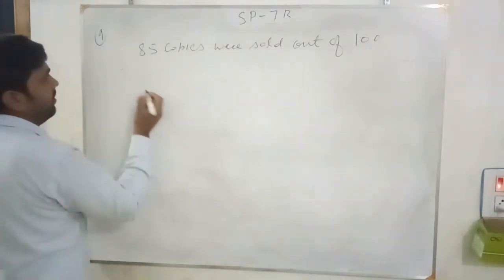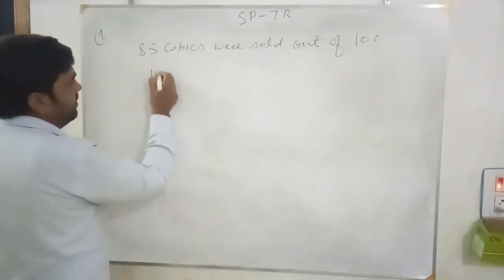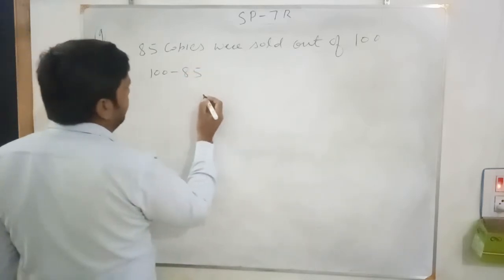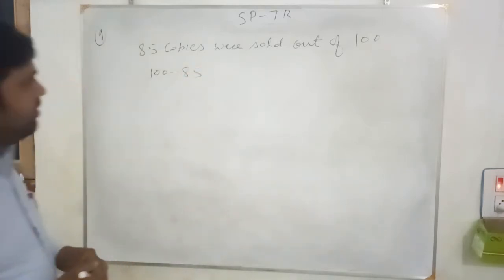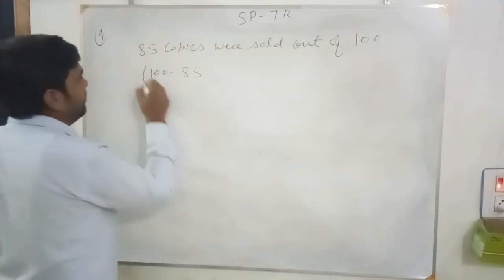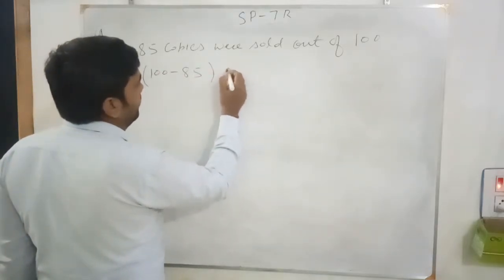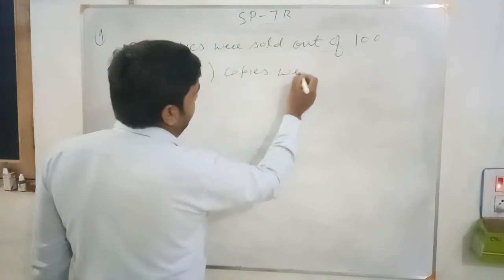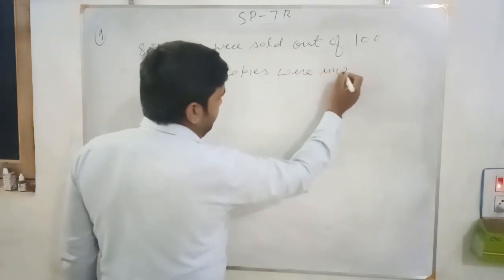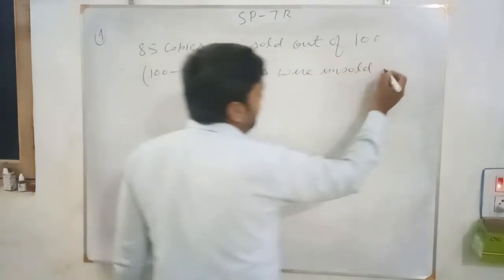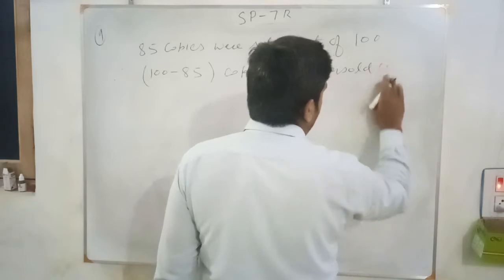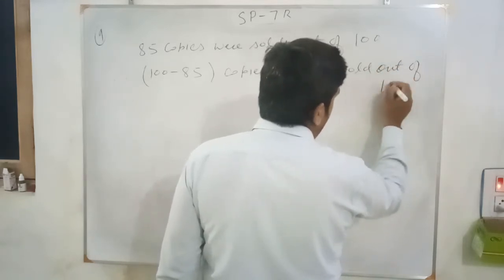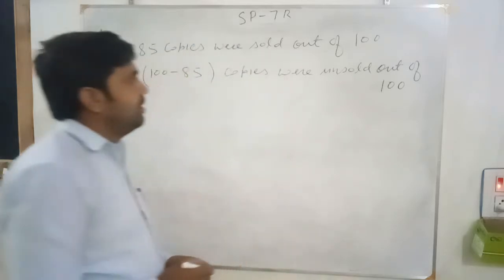Therefore 100 minus 85 copies were unsold out of 100 printed copies.